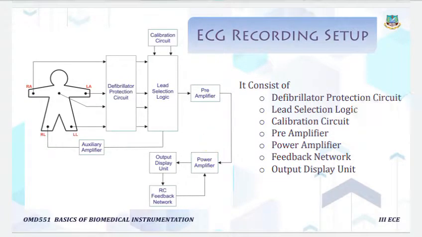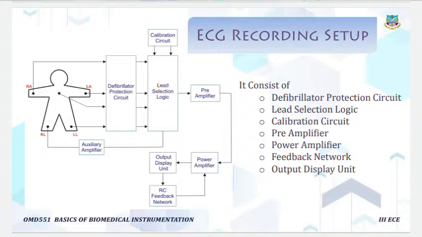Then from the defibrillator circuit, it goes to the lead selection logic. There are three types of lead selection: limb lead, augmented lead, unipolar chest lead. Which type of lead is the method of recording this ECG. So which method we need will be selected in this lead selection logic.